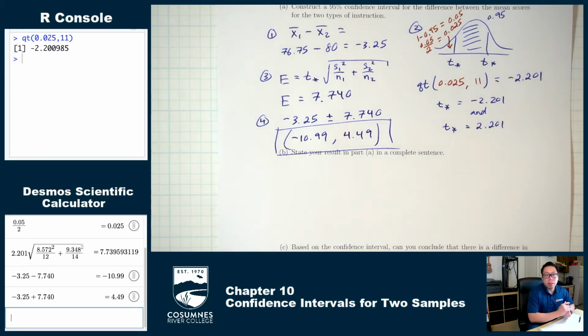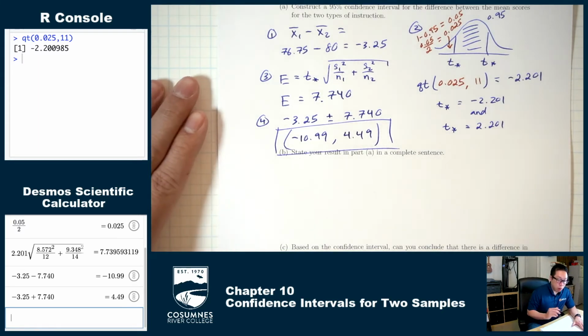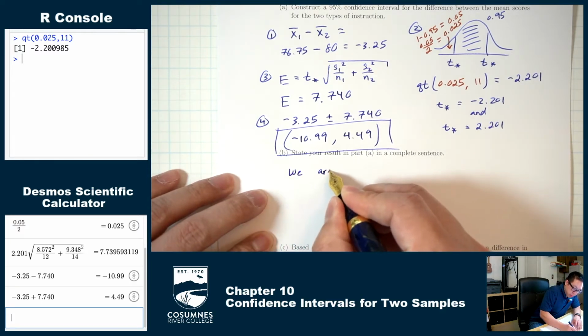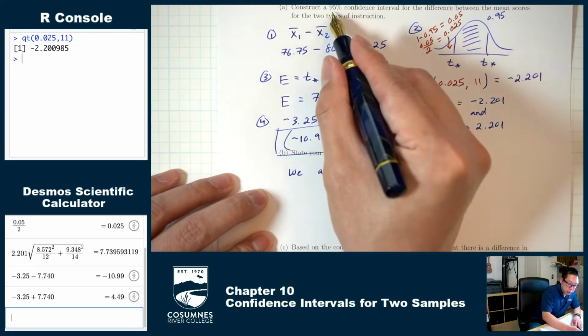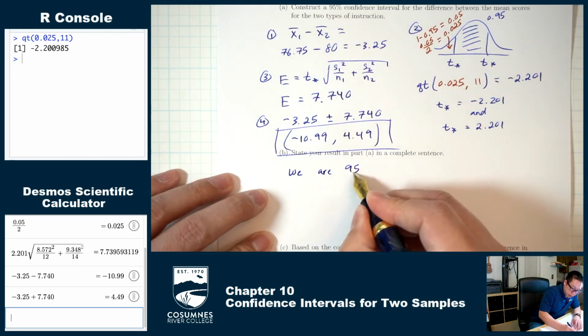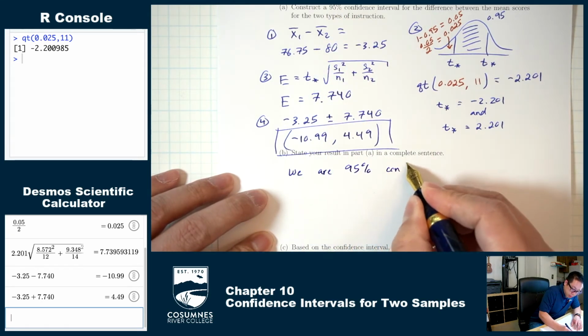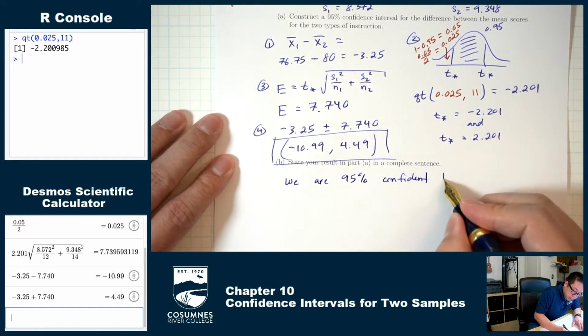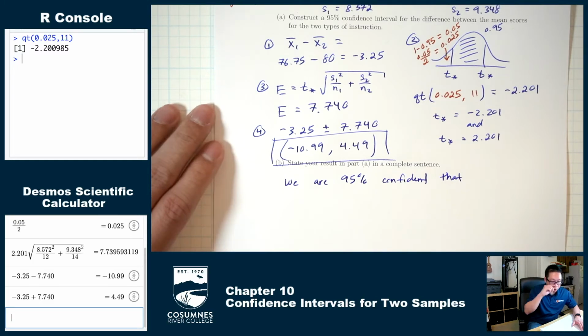Part B, state your result in part A in a complete sentence. So the sentence we want to write for all confidence intervals is, state your confidence level. So we are 95% confident that, what are we talking about here?